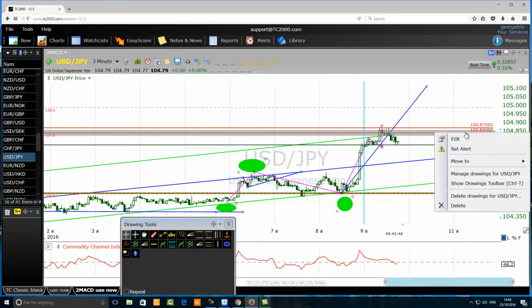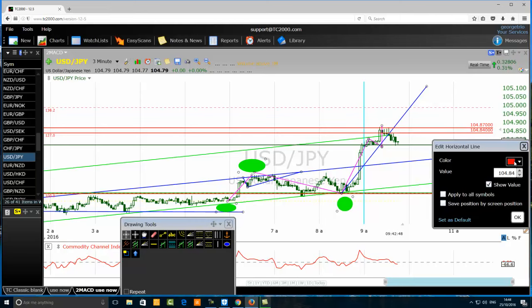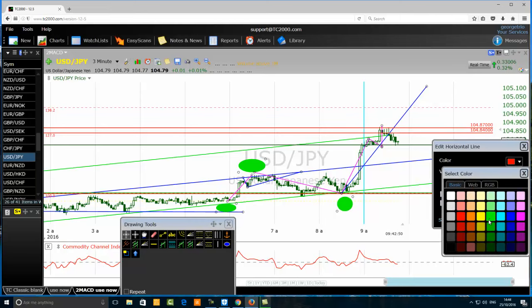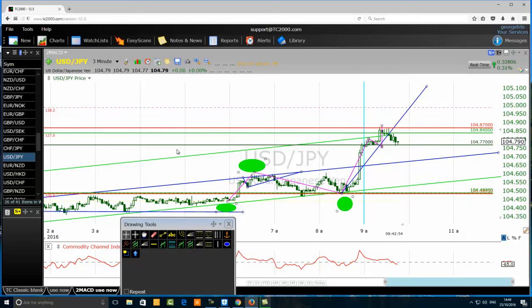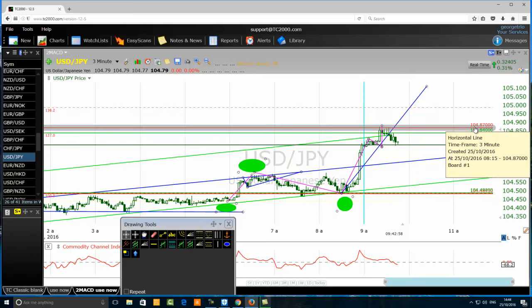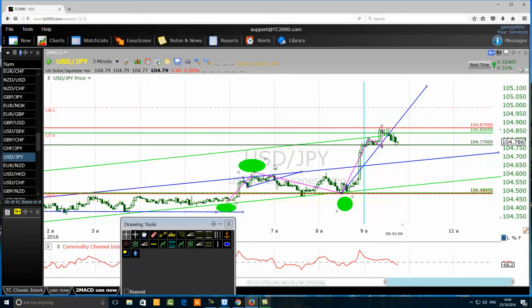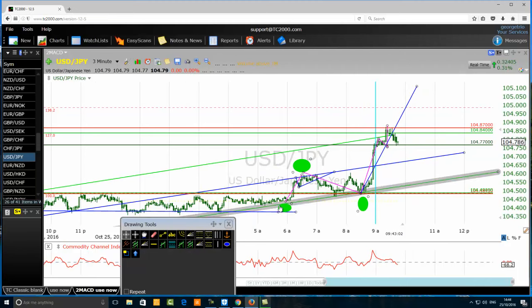I'm going to change the color of that red line, because it's another key level that I want to keep my eyes on like an eagle. So here it is, entry 104.77, stop loss 10 pips, 104.87, after counting first wave, second wave, third wave, fourth wave, fifth wave.